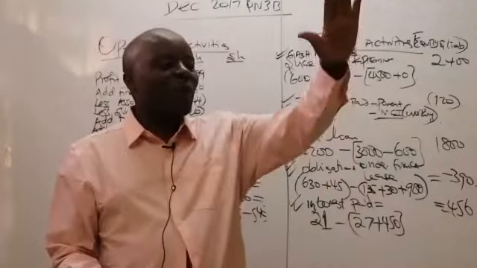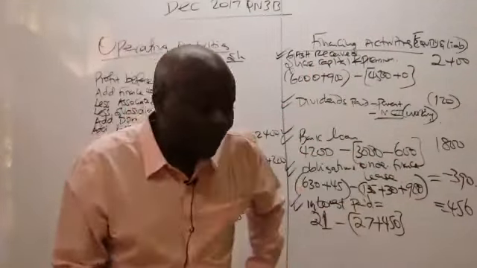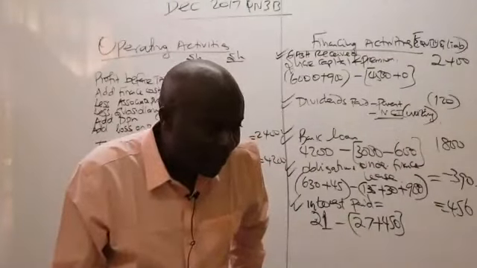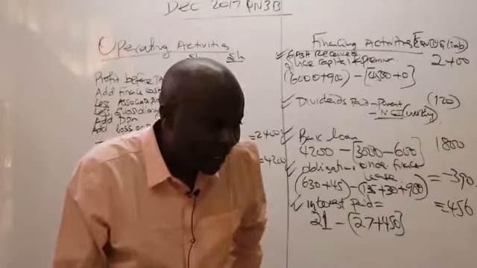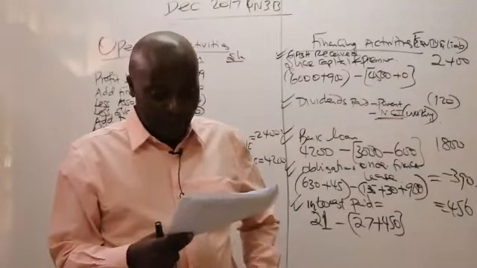Let's see those who get 108. Those who get 108, let's get your working. Those who get 108 take 21 minus 63 plus 144 minus 15. So we have minus 21.